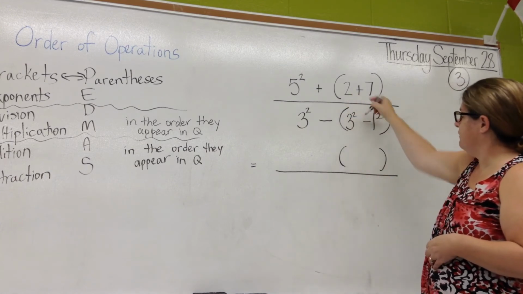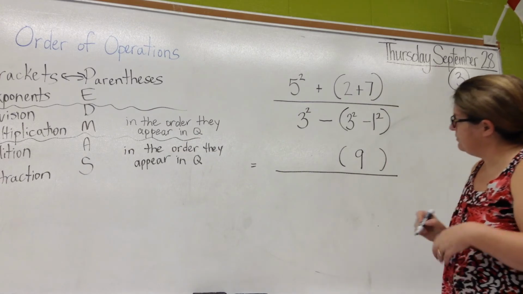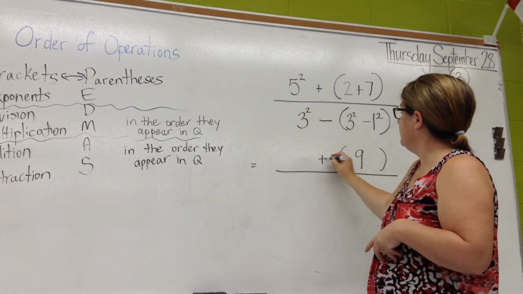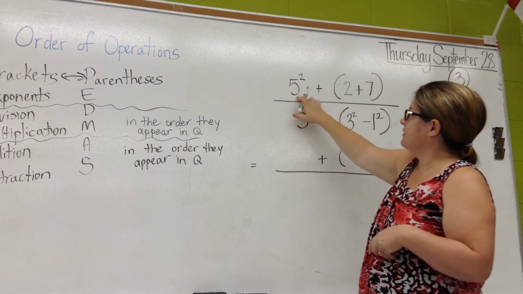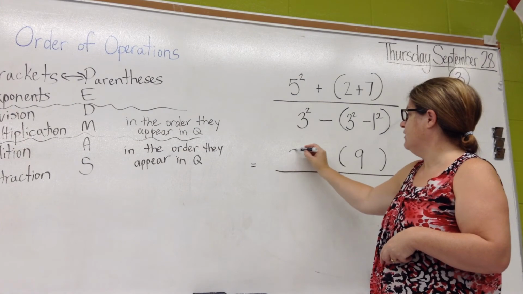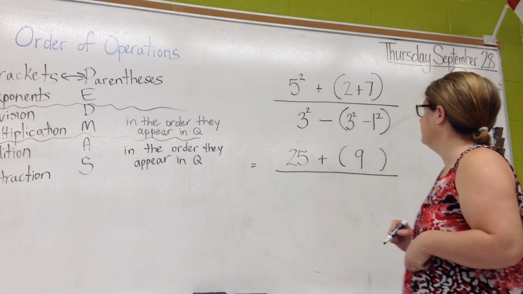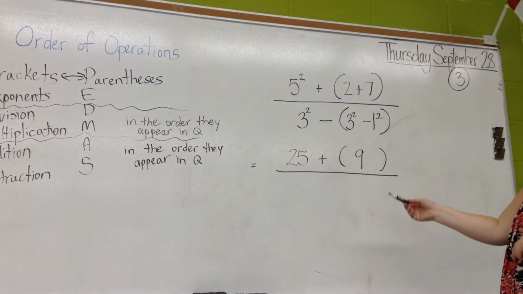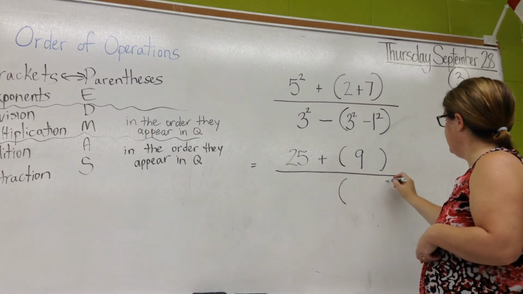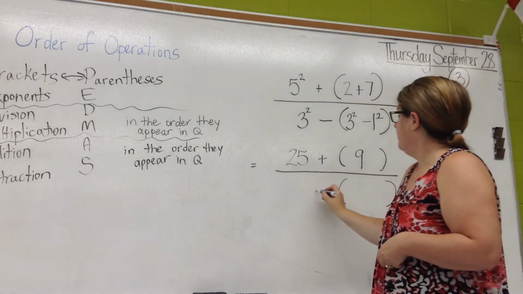And 2 plus 7, we're going to substitute the 9 for that bracket. And we're going to put the plus sign in front, just like the question has. And then in our head, we're going to do 5 squared, which we know as 5 times 5, which is equal to 25.